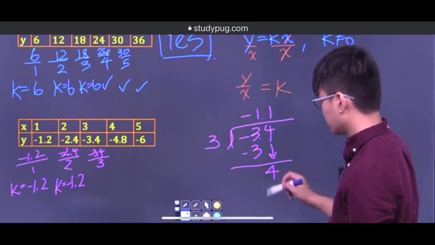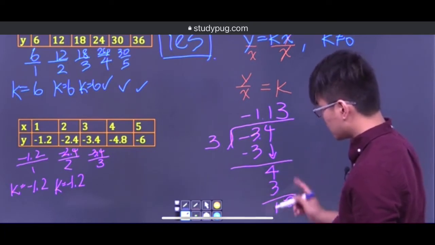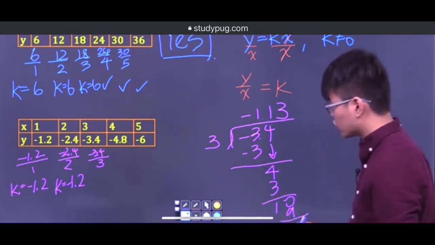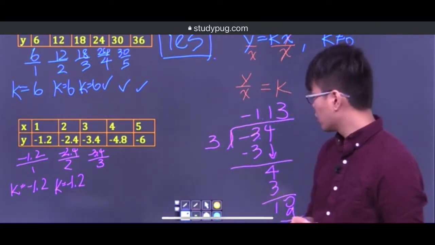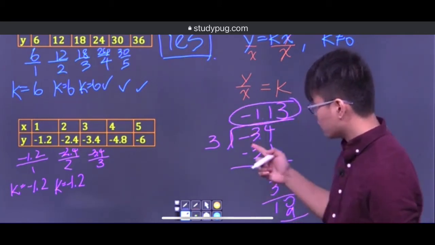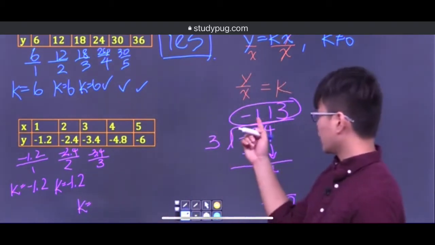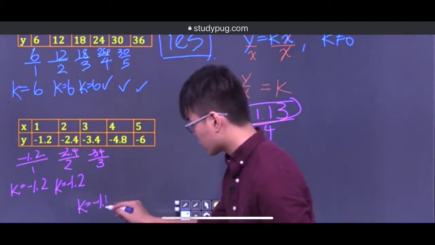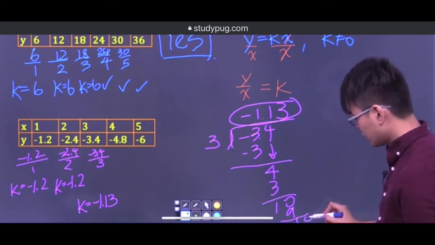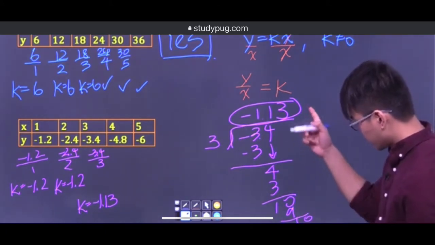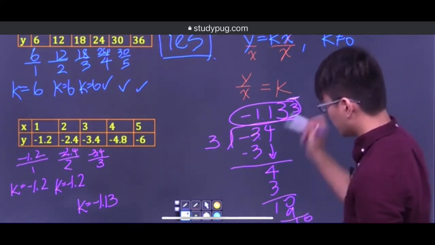Well, we can have 1 here, and then continuing, we're going to have 3, and this is sufficient to conclude that our k value is not -1.2, right? Because evaluating this fraction here, we'll actually get a k value of -1.13, and it's going to go on forever, right? Because our next value would also be 3, and it continues forever, right?